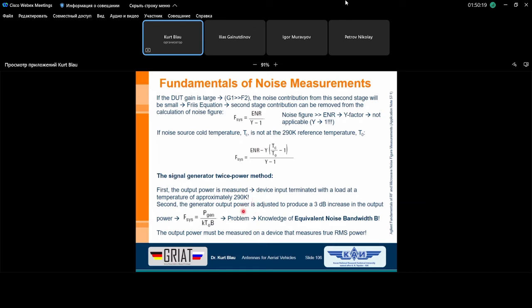The power meter must be capable of measuring the correct power of a noisy signal. And then we measure only, with the power amplifier switched on, the output noise power without an input signal.